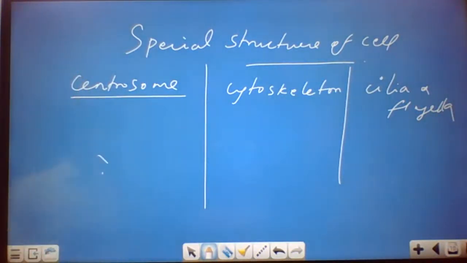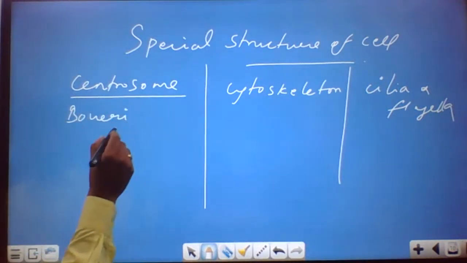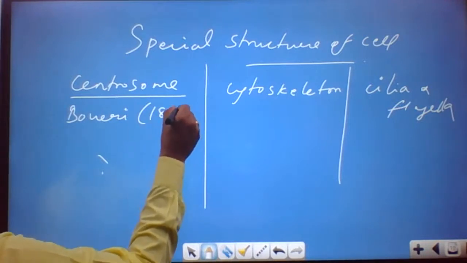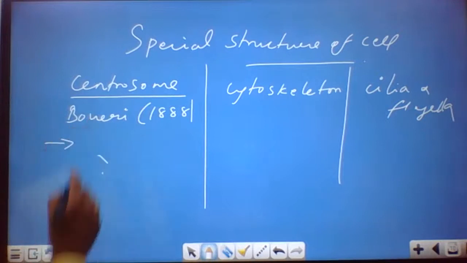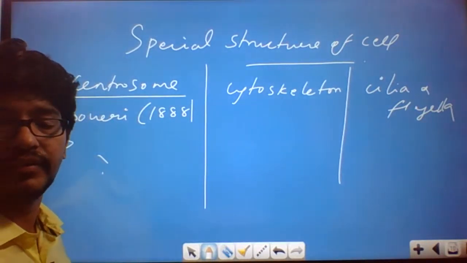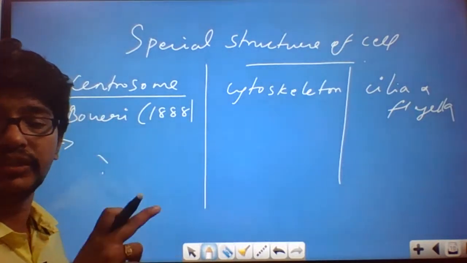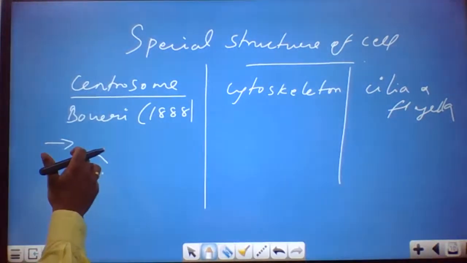Coming to the centrosome, this was proposed by Boveri in the year 1888. He proposed the centrosome structure. These centrosomes are responsible for the spindle fiber and aster formation, which takes place especially in cell division. What does the centrosome consist of?